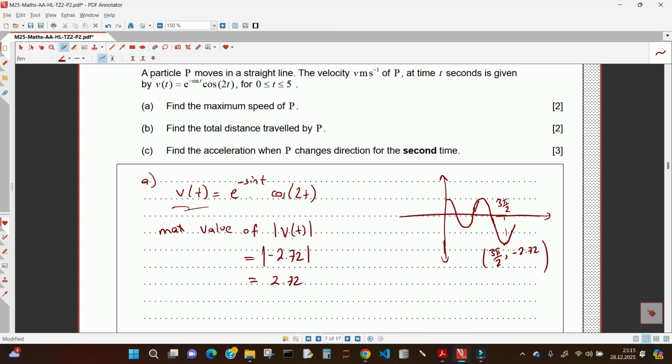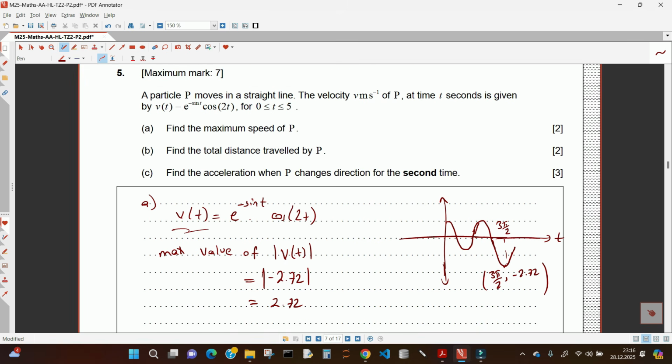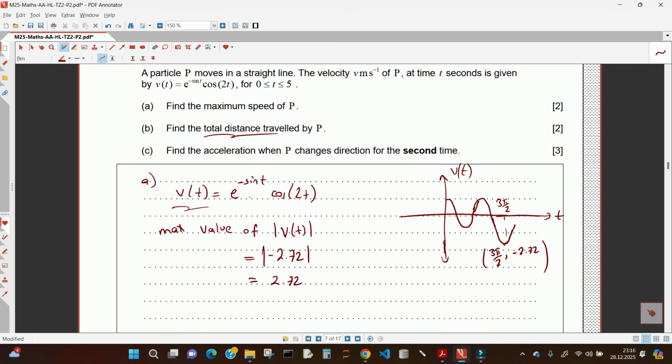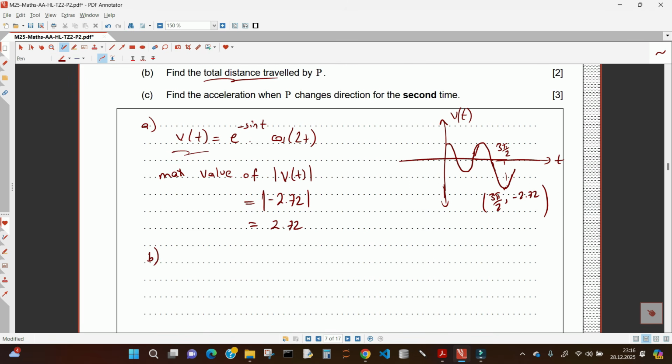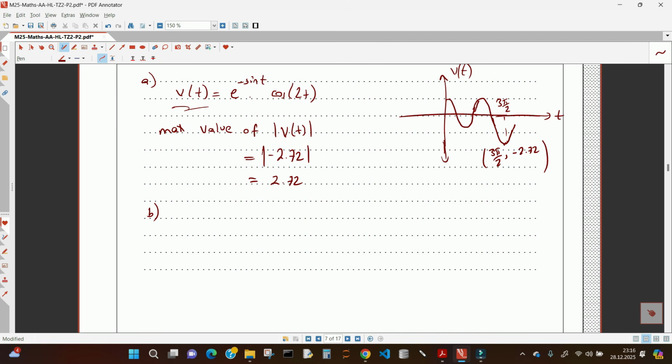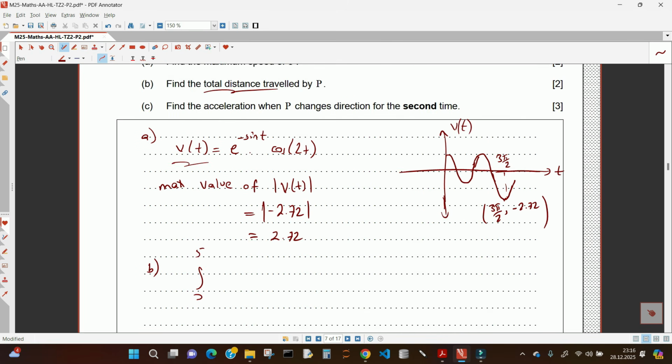So I know this is the graph of v of t, and we're looking for the total distance traveled by P. So we're going to find the integral of this function from 0 to 5, the time.